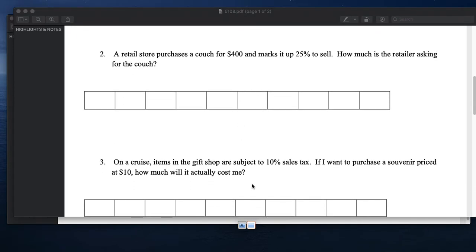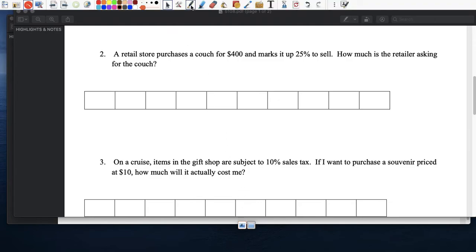All right, you see this one. Here's a couch. Again, 0%, 100%. Let's just do a few. 10%, 20%, 30%. So again, you bought a couch.